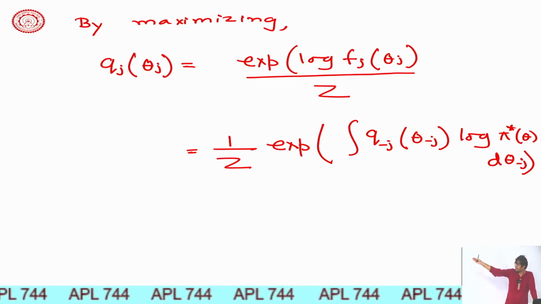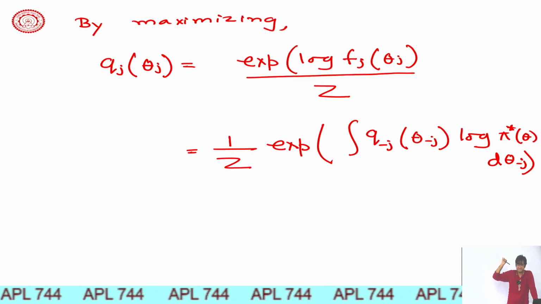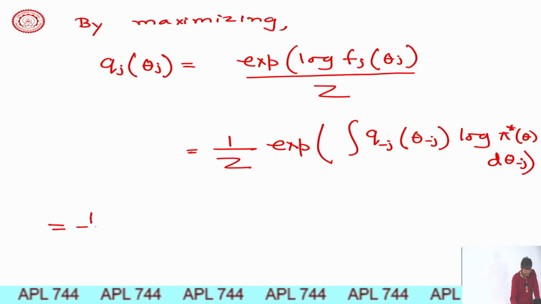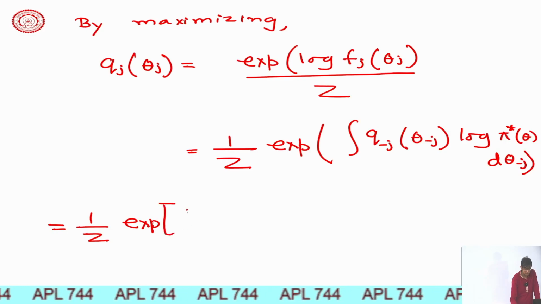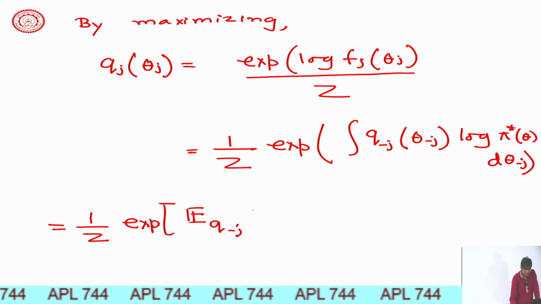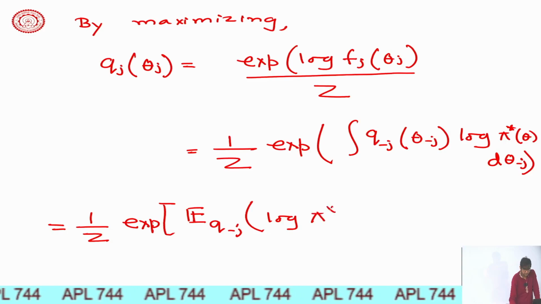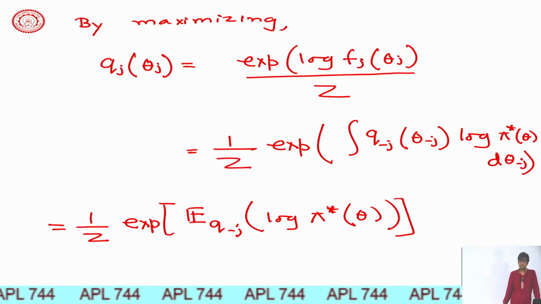Now you tell me what is that integration in expectation form? 1 by z exponential of expectation with respect to q of minus j of log of pi star theta. Right?